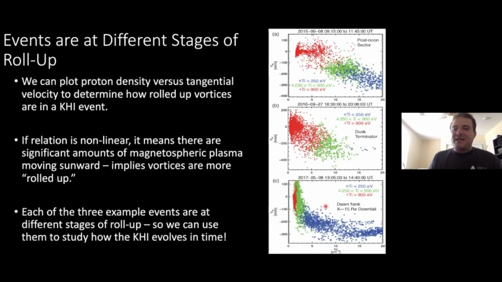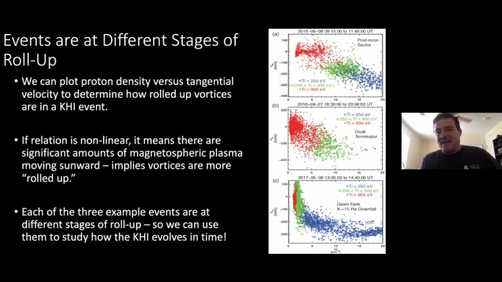One thing we can do is ask how rolled up are they? One way we can find that out is to look at the tangential velocity and plot it versus ion number density. The lower density is magnetosphere-like, the higher density is magnetosheath-like. In the event closest to the day side, you can see that we have this linear trend.